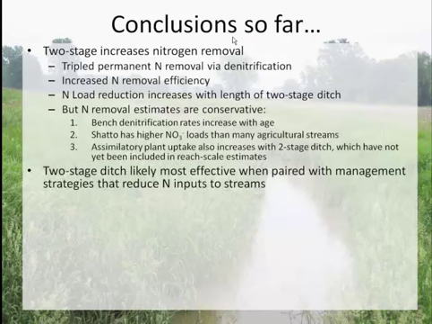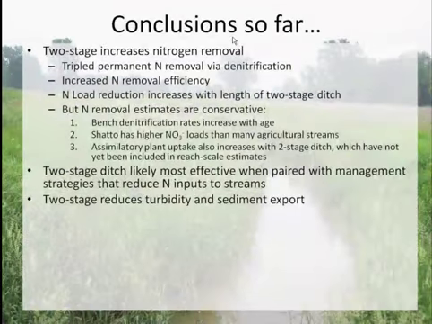But I also want to point out that even though our estimates are conservative, we don't think that the two-stage ditch is going to solve all of our water quality problems. We don't think that's realistic. And so with the two-stage ditch, as we saw, the N removal efficiency goes up at those lower loads. So if we compare it with other management strategies, we're likely to get even better nitrogen removal and sediment removal as well.